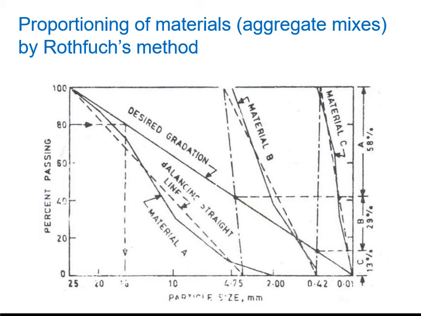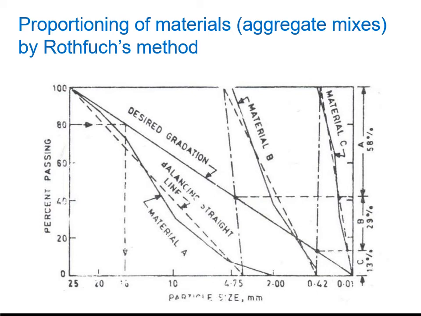As we have three materials, a minimum of 2 points will cut the desired gradation line. One is between material A and B, that will be the percentage of material A, mentioned on the right side of the graph, and similarly between material B and C it is cutting the gradation line, so that is the remaining 29%, right? So this percentage you get from this: from 100%, how much is this percent, and respectively those materials we can mention here.